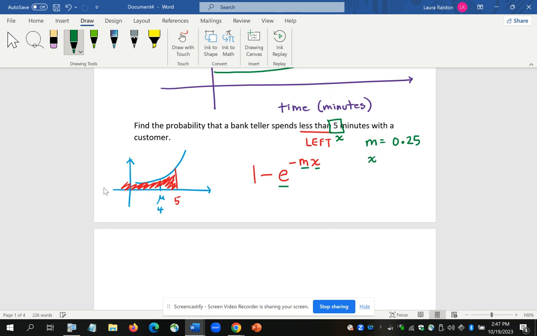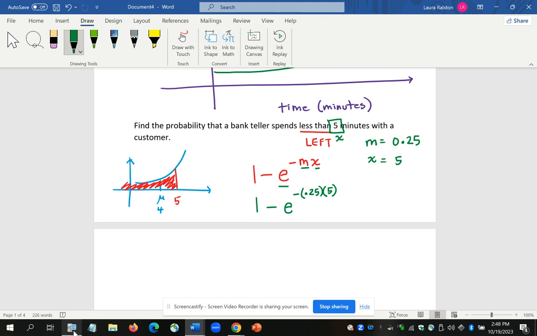So it becomes a substitution problem. We plug and chug. We have 1 minus e to the negative 0.25 times 5. Now, I'm going to go over to the calculator and show you how to enter that directly into the calculator.